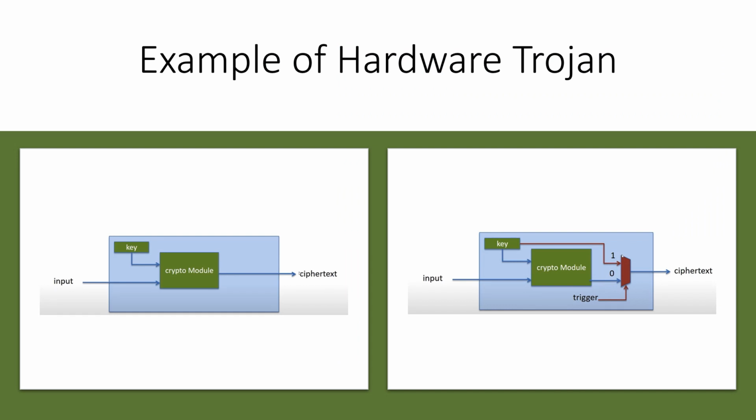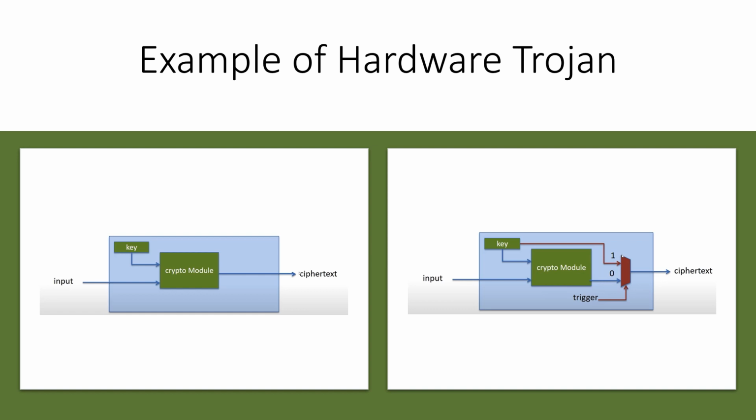Here is an example of a hardware Trojan. This is a crypto device analogous to an integrated circuit. In this IC, we have a crypto module and a secret key stored within the IC. So how it works is, it takes an input, uses the key, and feeds the two into the crypto module. The module then performs an encryption which produces a ciphertext.